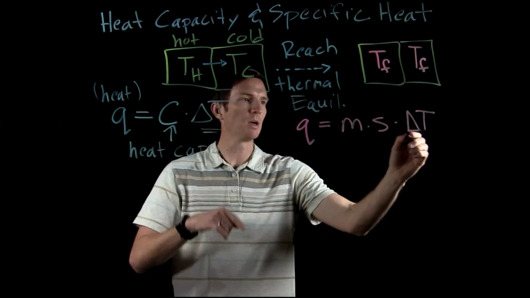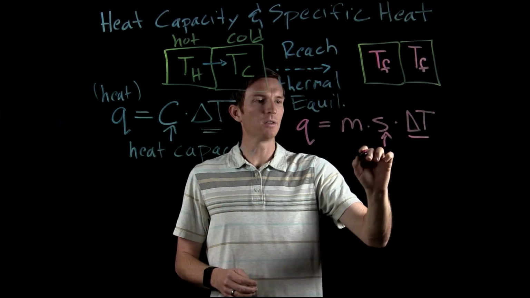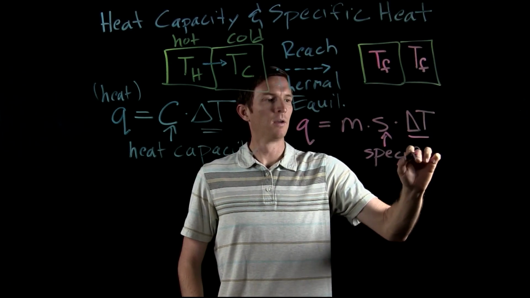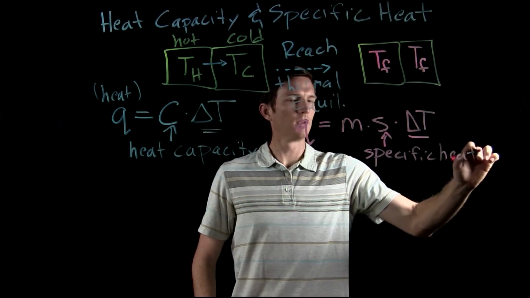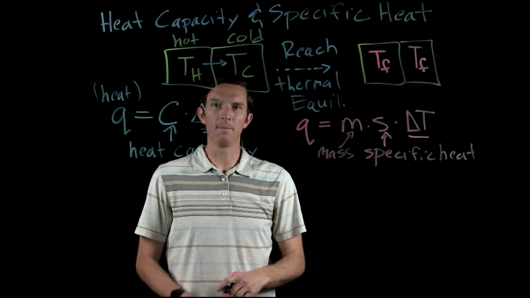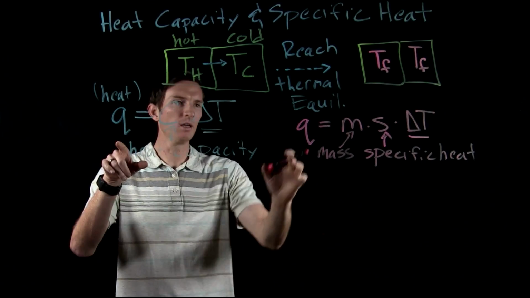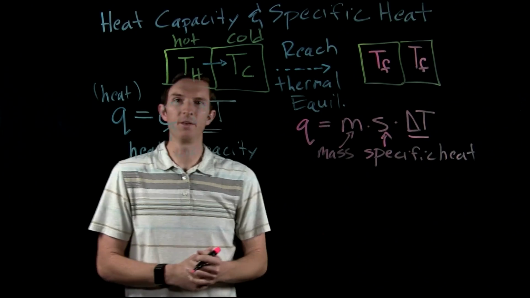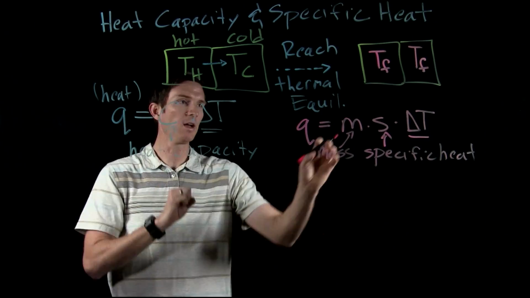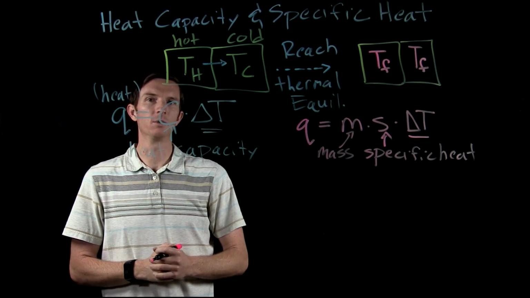So again, we have change in temperature in both of these, the measured value. Here this is our specific heat, and our mass is shorthanded by m. We look at both of these, they both give us the ability to measure heat from a temperature change. Now the difference here is this proportionality factor, specific heat or heat capacity.